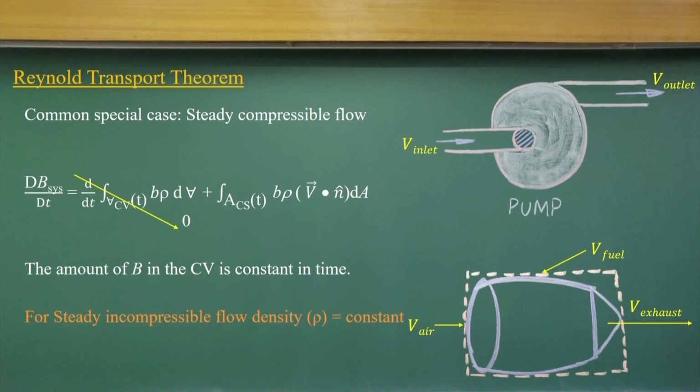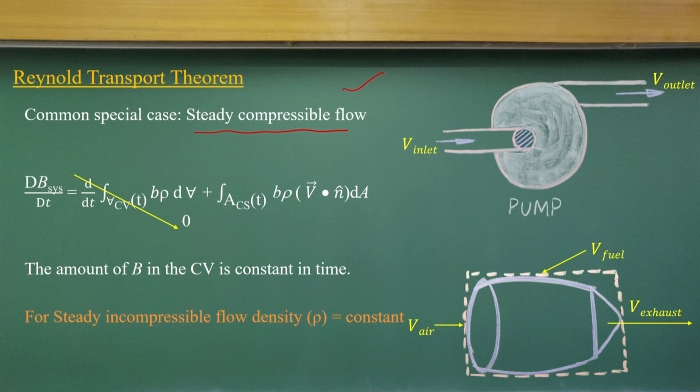Let us come back to a very simple case, the steady incompressible flow. If you consider a steady incompressible flow, that means the flow does not change with time, and the density does not change with space and time. Density changes in the case of steady compressible flow.